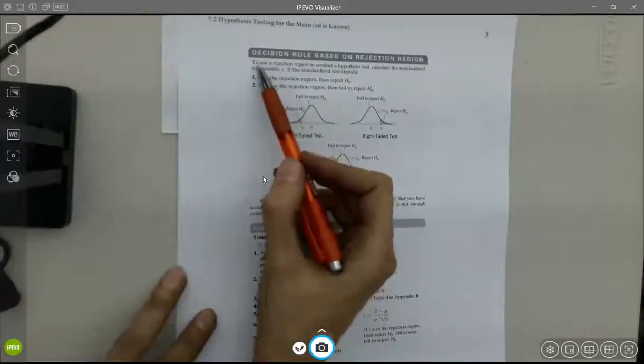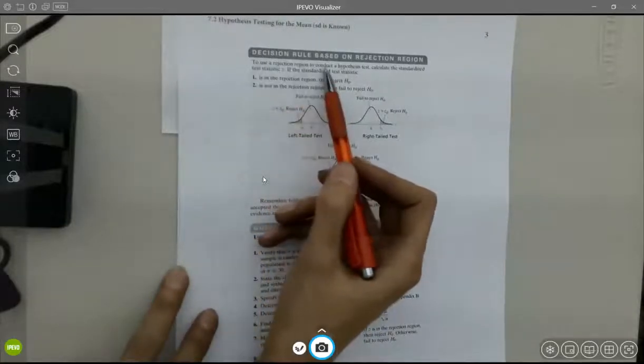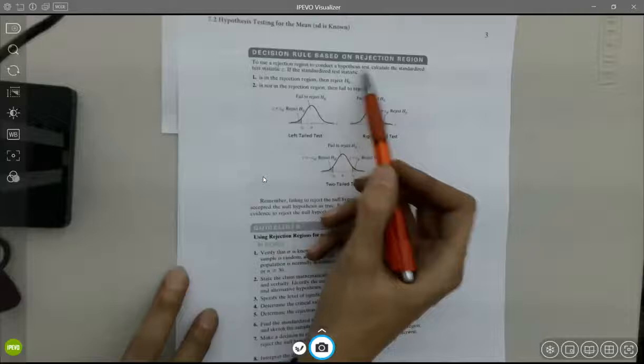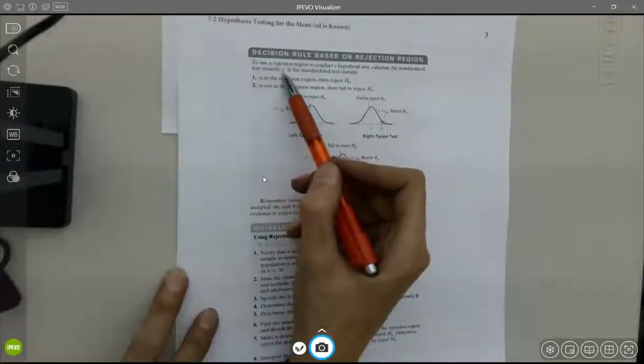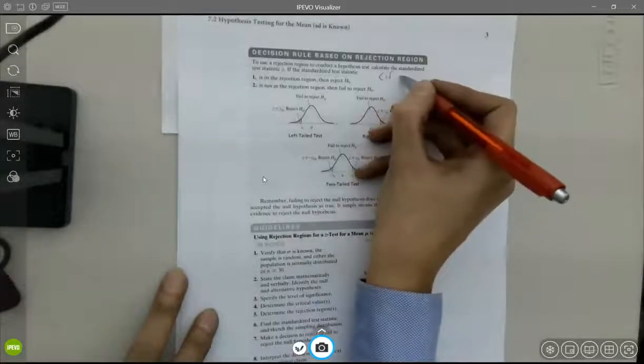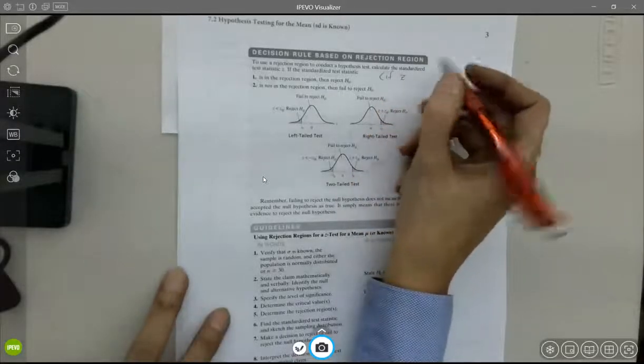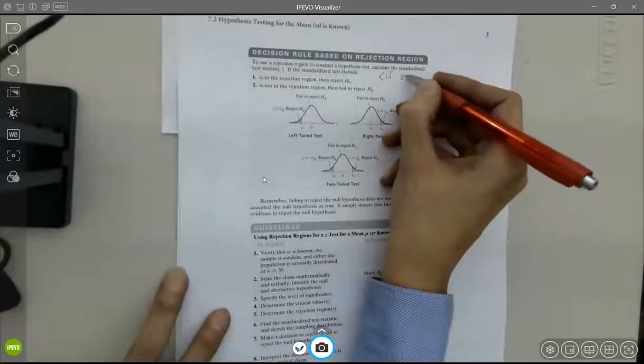So to use a rejection region to conduct a hypothesis test, calculate the standardized test statistic z, or if sigma is not given, you're using t. Let's write down sigma.